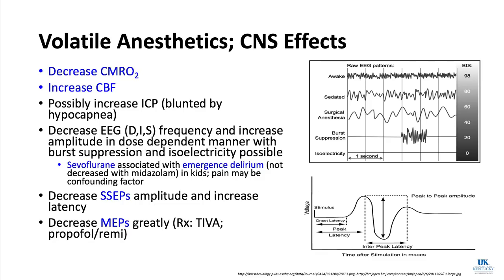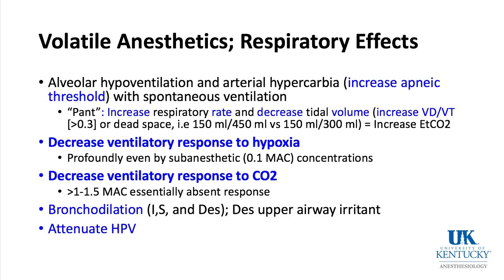However, if MEPs, motor evoked potentials, are co-monitored with SSEPs, then you have to be very careful, because the volatile anesthetics greatly decrease motor evoked potential signals, and usually we will use a TIVA-based anesthetic, for example, propofol and remifentanil, without neuromuscular blockade, so that we can see those motor contractions and also monitor SSEPs at the same time. What are the respiratory effects of the volatile anesthetics?